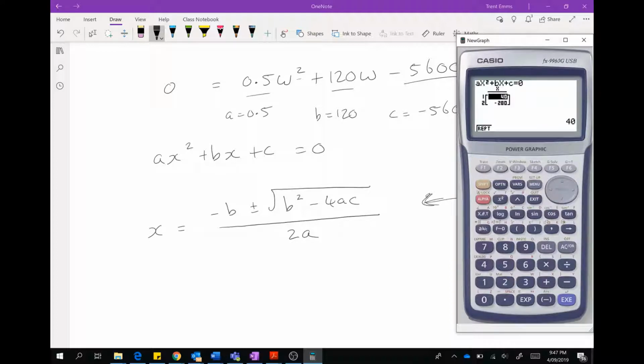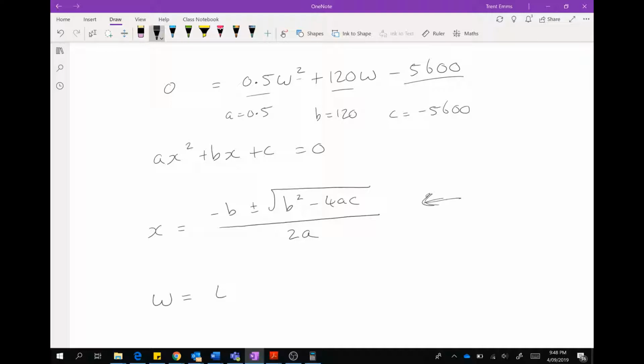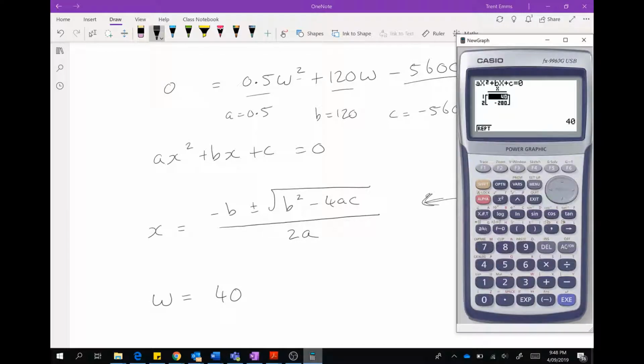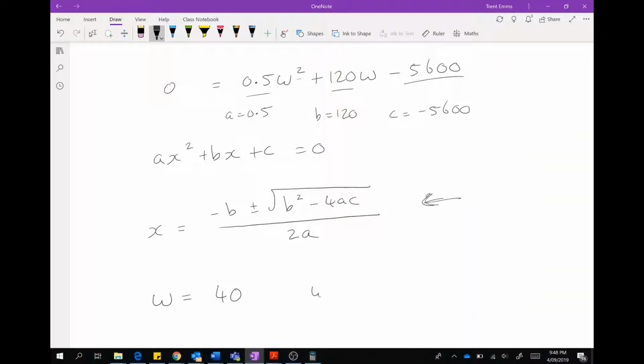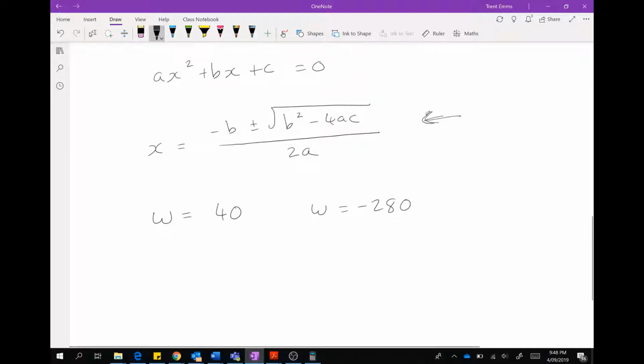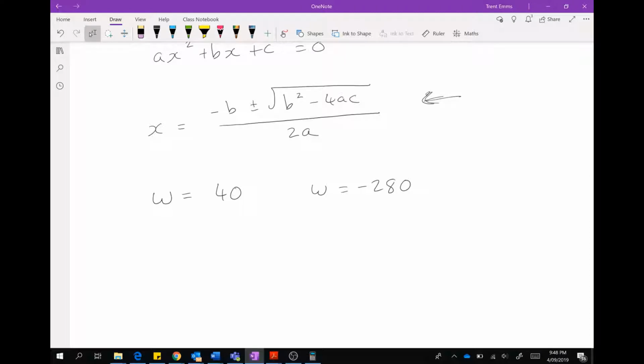Press equals one more time, and it's telling me that w equals 40, or it equals negative 280.